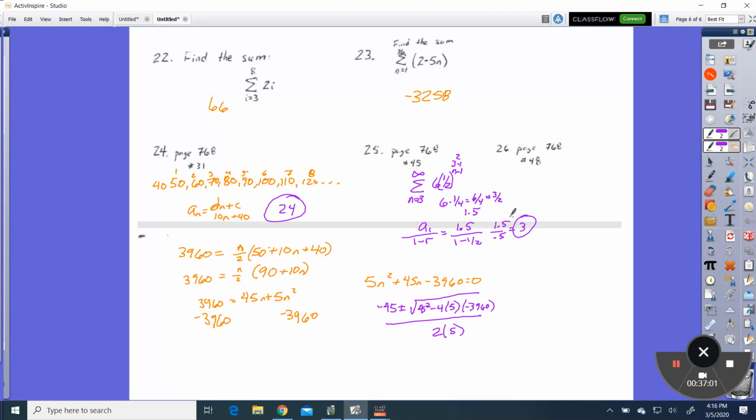On number 26, you just take 150,000 and multiply that by 110. And that'll tell you how much you're going to spend the first time. So that's part A. Part B, realize it's an infinite, keeps going on forever and ever, from x equals 1. It's going to be 0.7 is this x.